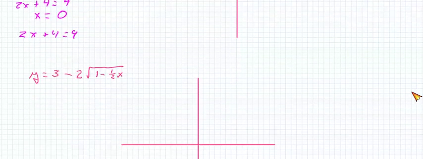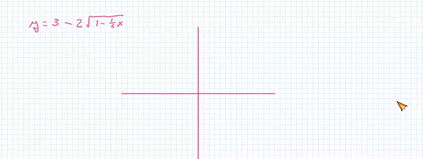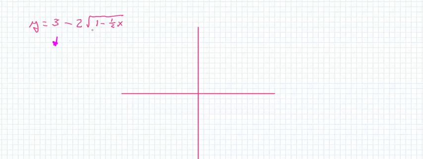All right, last example. Now it's going to be a little trickier. We're going to go down. Because this is negative, we're going to go left. And we're going to be multiplied by 2.